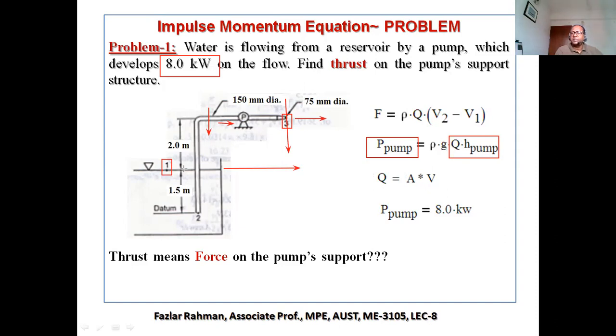And Z1, if this is the reference line, Z1 equals 0, and for point 3, Z3 will be 2 meters. So only V3 we don't know. If we know V3, we can figure out Q.